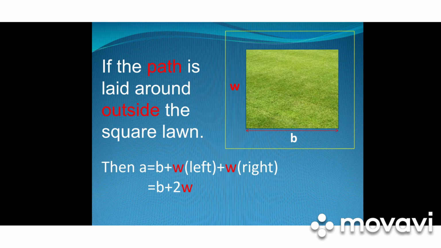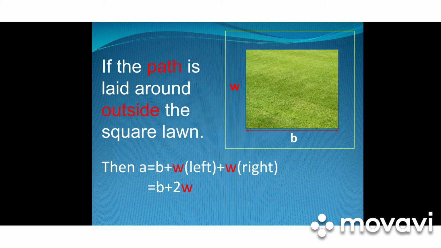The outer square side will become, as you can look at the slide here, A equals B plus left side width W plus right side width W. B plus left side width plus right side width makes the length of the outer square, which is B plus W plus W. W and W are like terms, so we can add them.